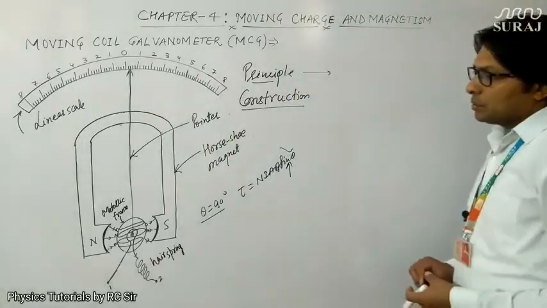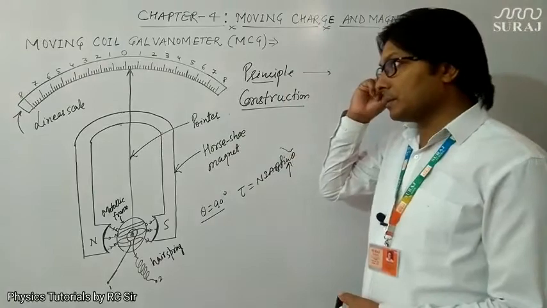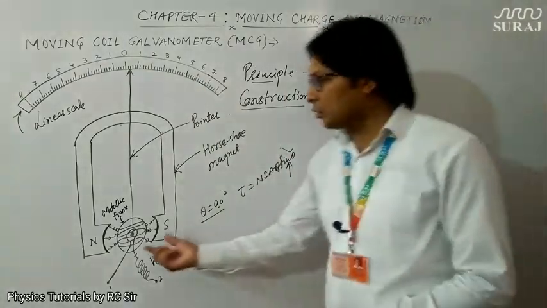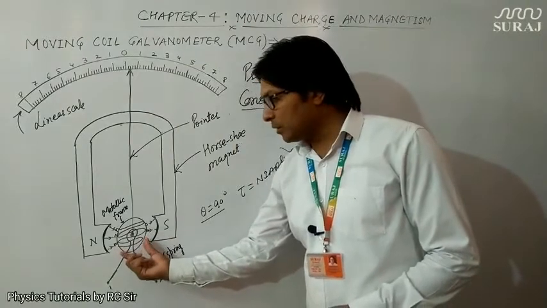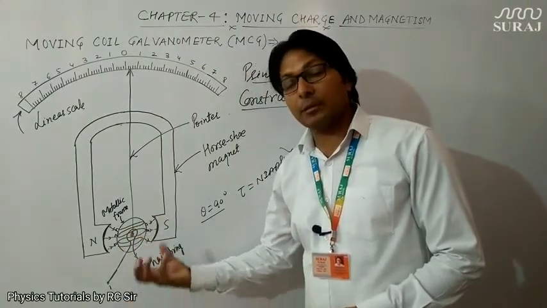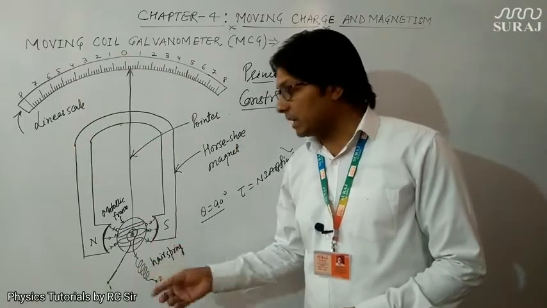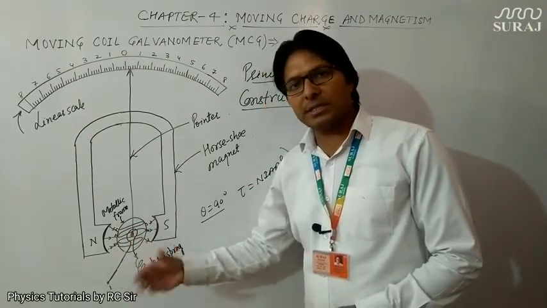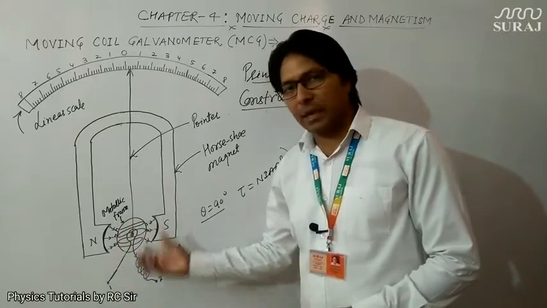Okay, so this is the construction of this galvanometer, which consists of a coil made of good conducting wire, which is insulated as well, and these wires are wound on a metallic frame to increase its magnetic field.